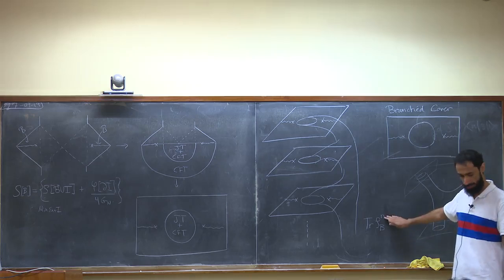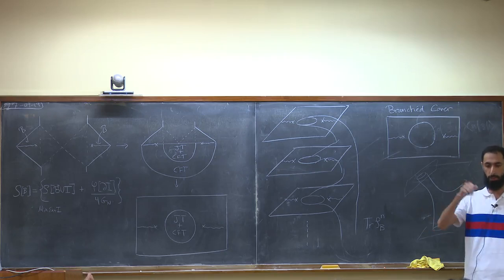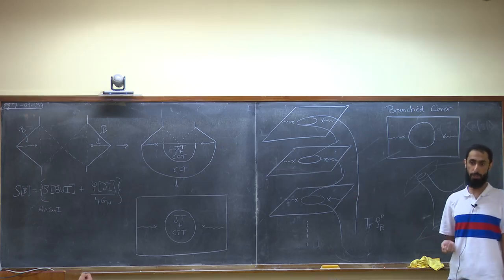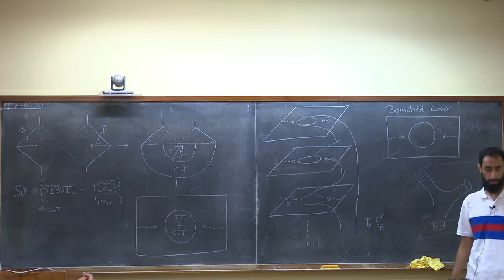As n goes to 1, they're all e to the minus 1 over G Newton. Okay, but as n goes to 1, I'm going to write that down in a second. It's e to the minus 1 over G Newton times the generalized entropy. So you have these different contributions, and this is what enforces the minimality constraint. As G Newton goes to 0, the one with the smallest generalized entropy wins.